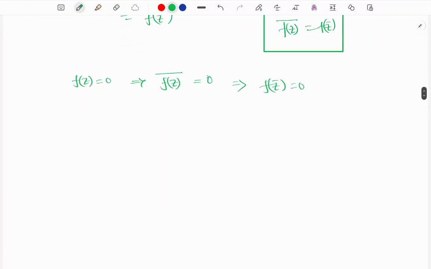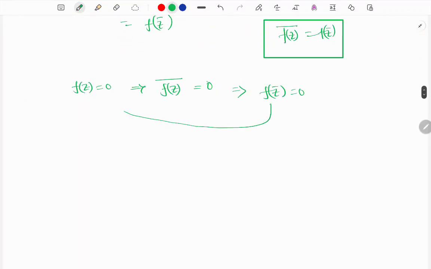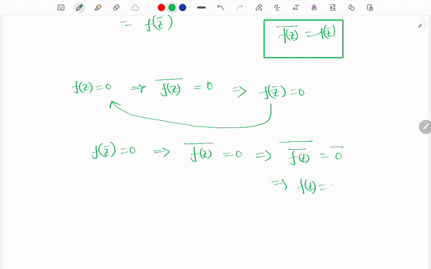Now we have to check the converse part, that means we have to look from here to here. Okay, so look, f of z conjugate equals 0, that means f of z whole conjugate equals 0 by option A, right? And from here f of z whole conjugate equals 0 conjugate, that means f of z equals 0.